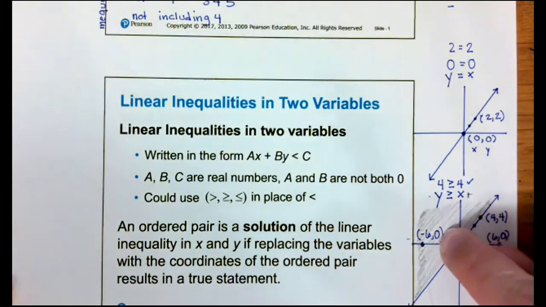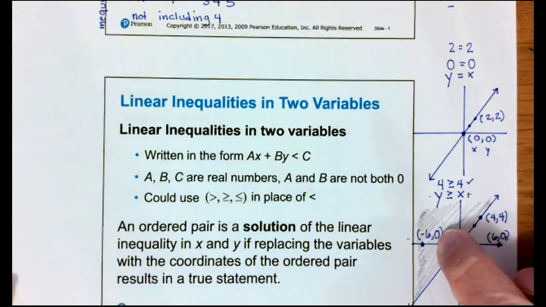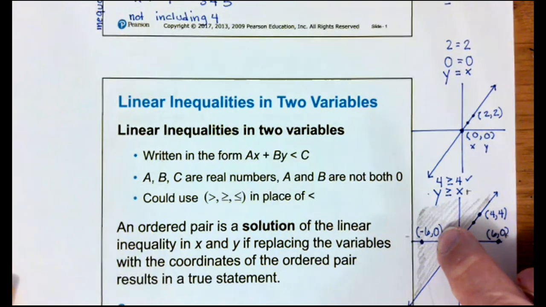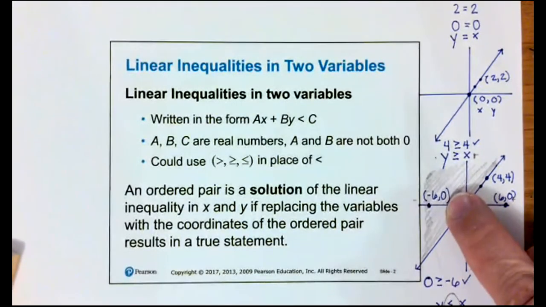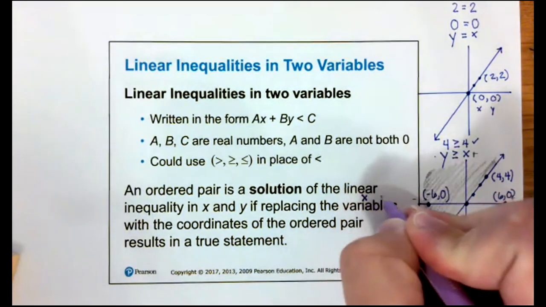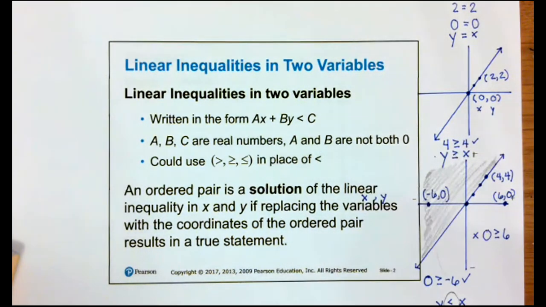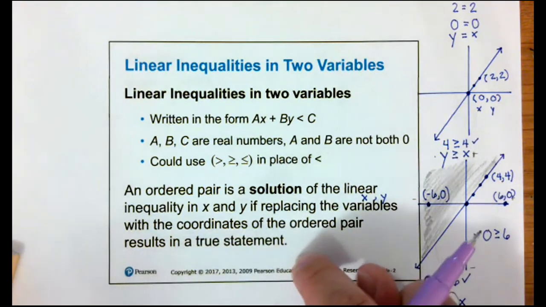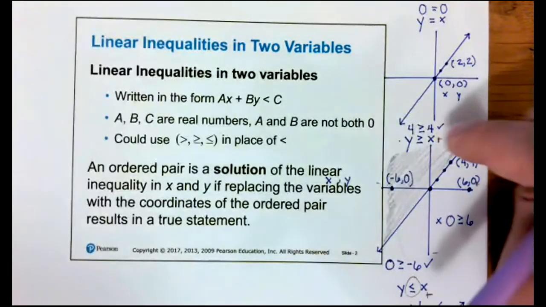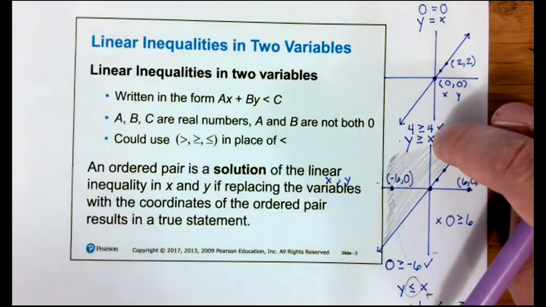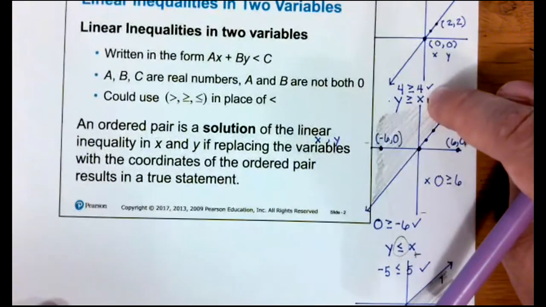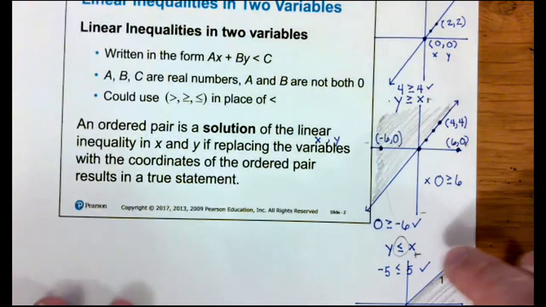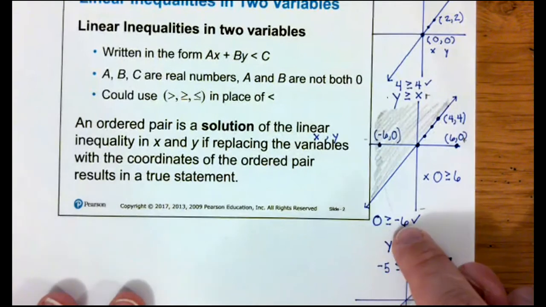An ordered pair, which is a point, is a solution of the inequality in x and y if replacing the variables x and y with the coordinates of the ordered pair results in a true statement, right? So we said 4 greater than or equal to 4 is a true statement, but we said 0 greater than or equal to negative 6.